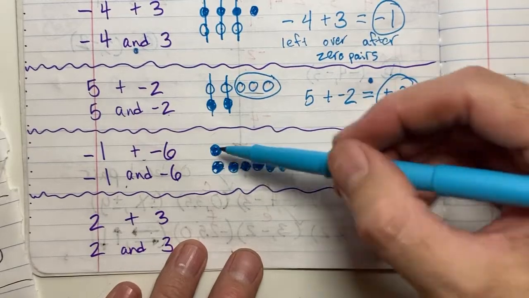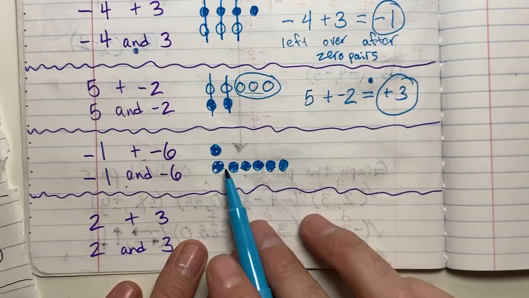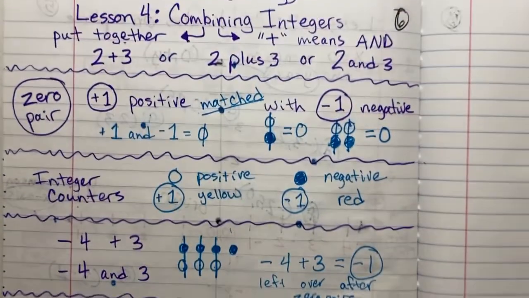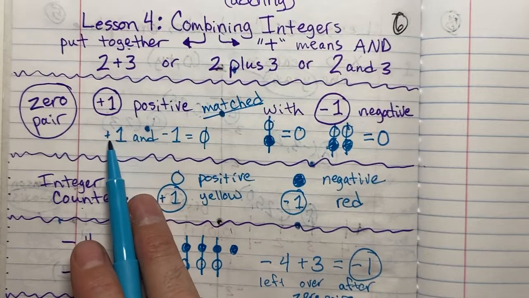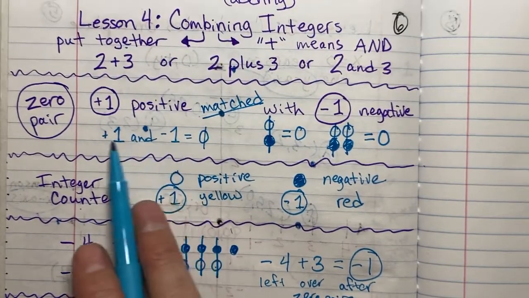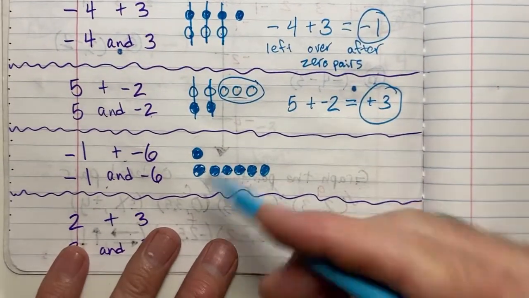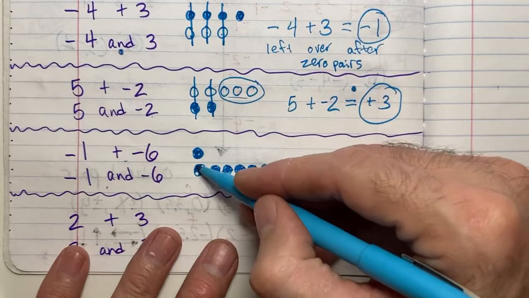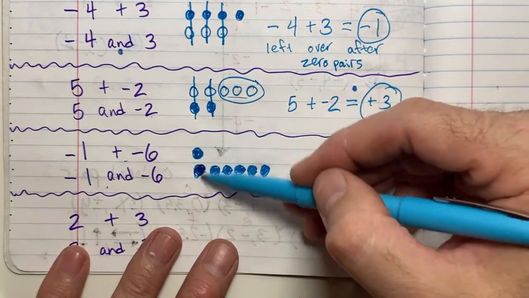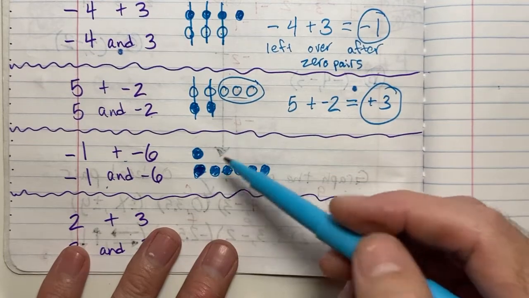Now be careful. I know some students are going to want to go ahead and pair them up, but zero pairs are only when you have a positive and a negative, an opposite pair. If you look down below, we do not have opposite pairs. We have same pairs, a negative and negative. So there is no canceling and no deleting in this process.